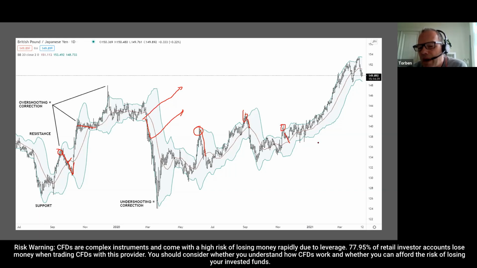When they all point to the upside, it's a strong trend. When they all point to the downside, it's a strong trend. And I just follow those until you get something else that you can't use.